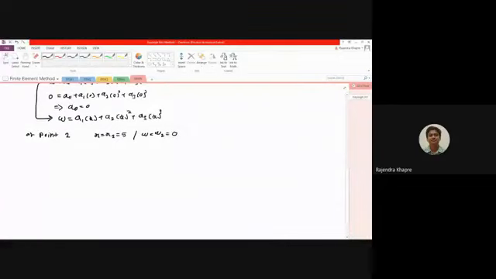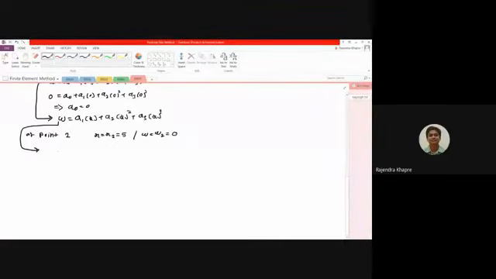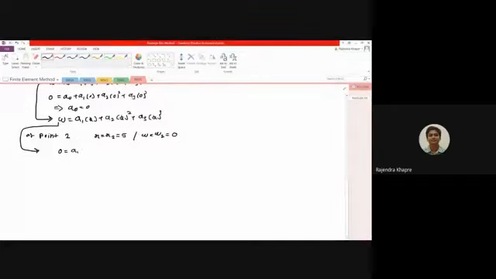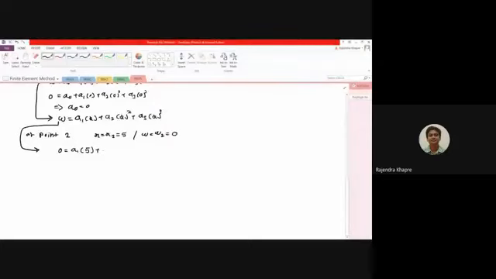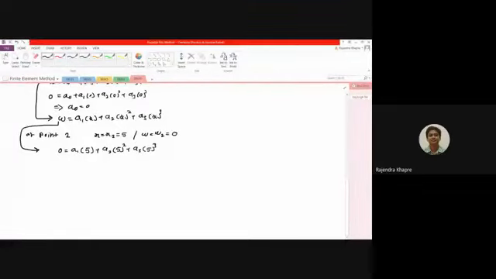So now we can rewrite this expression over here. The value of w2 is 0. So we can have a0, we can have a1, the value of x is nothing but 5, the value of a2, value of x is 5 square, and this is a3 into 5 to the power 3.